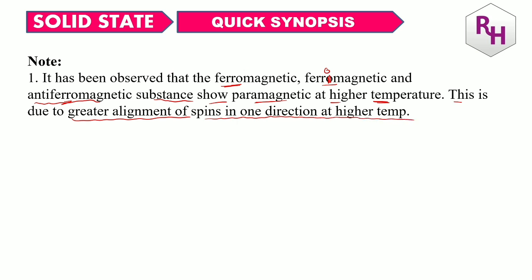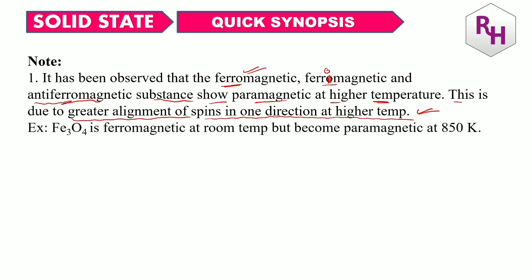Ferromagnetic is already like that, but ferri and antiferro, because of the greater alignment of the spins in one direction, can show paramagnetic behavior. For example, Fe3O4 is ferri at room temperature, not ferro, but becomes paramagnetic at 850 Kelvin. Both are attracted by the magnetic field, but here less, here more.